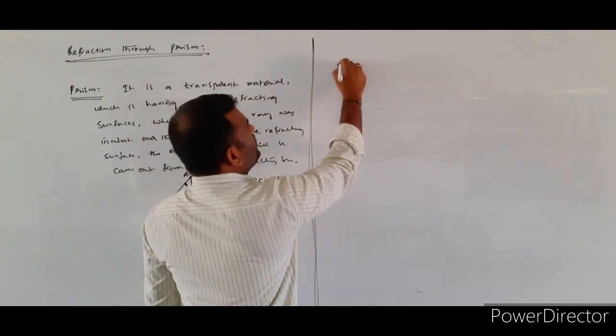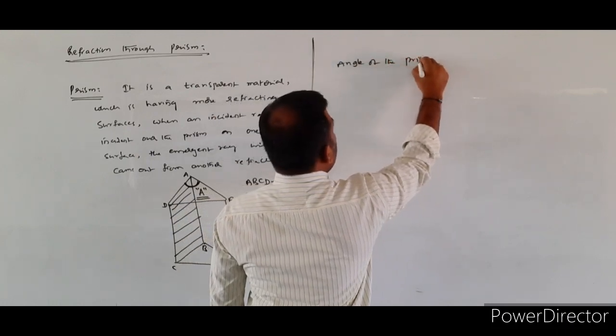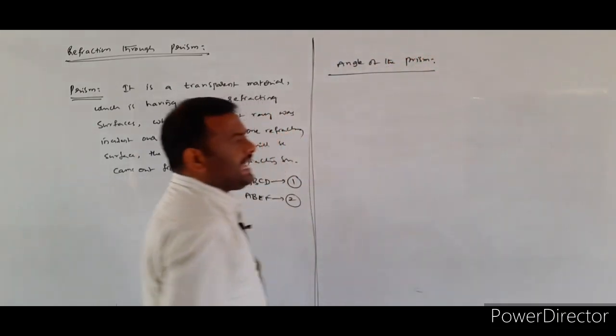So the next definition is angle of the prism. How do we define the angle of the prism?